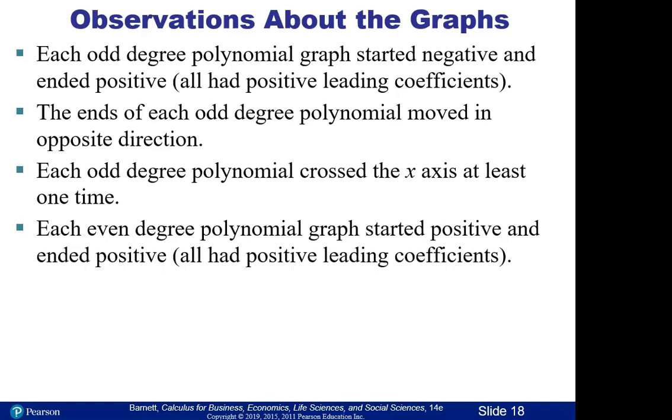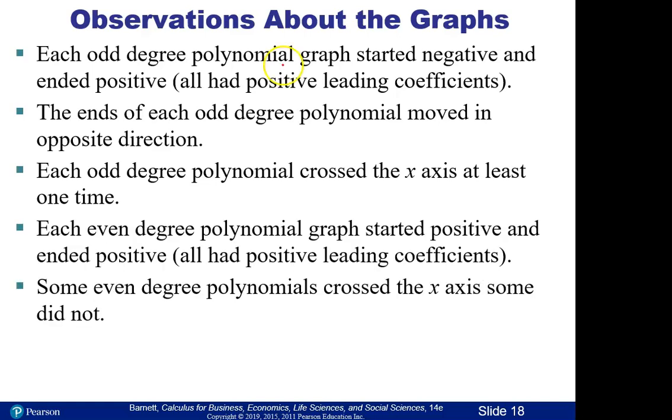All right, so kind of going through these. Each odd degree polynomial graph started negative and ended positive, basically, which was what we had expected. The ends of each odd degree polynomial moved in opposite directions, so they go and come from different directions. Each odd degree polynomial crossed the x-axis at least one time, so we did observe that.